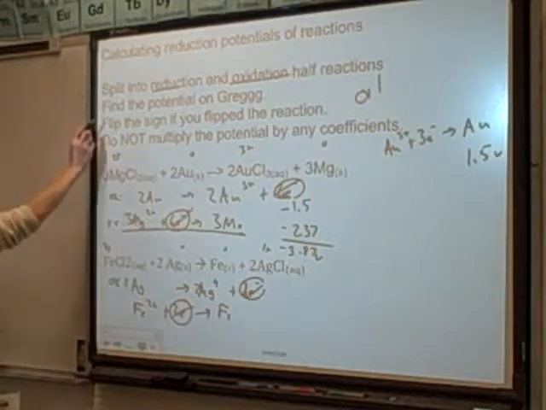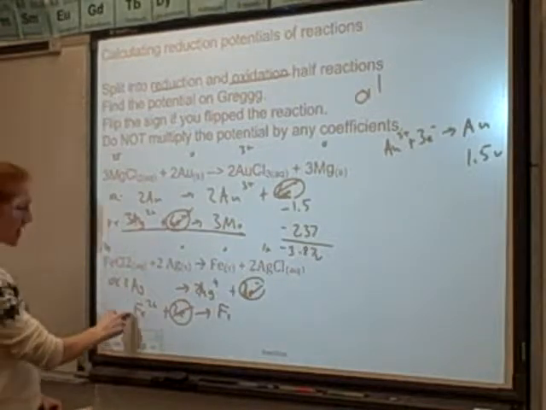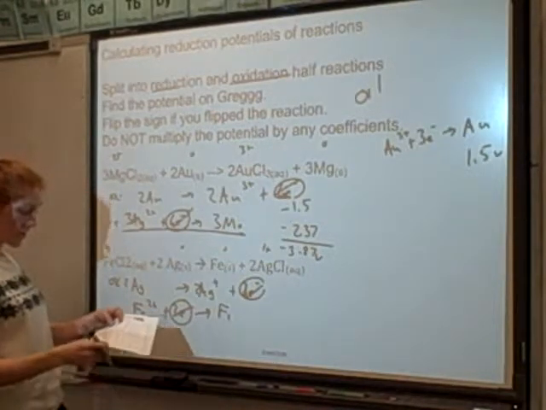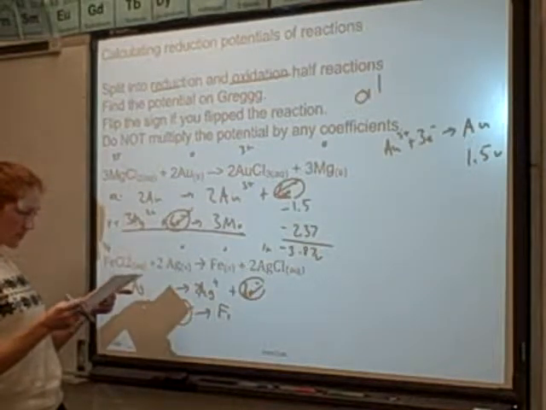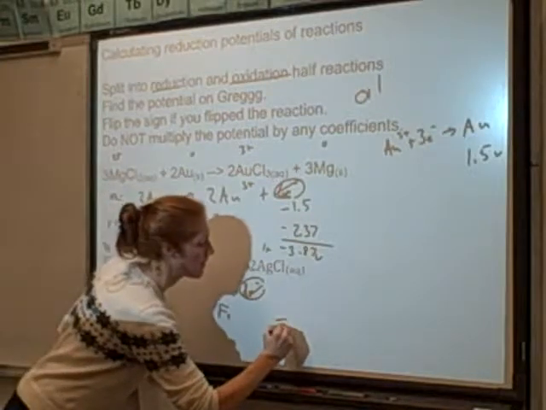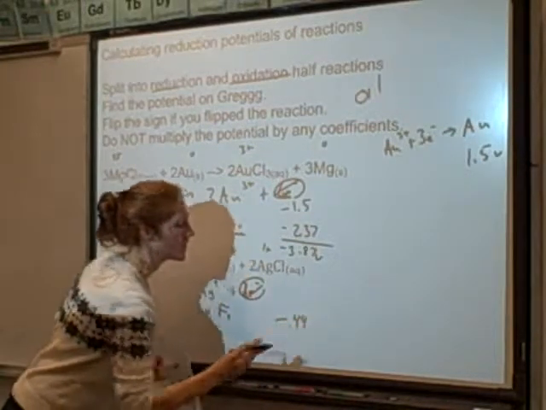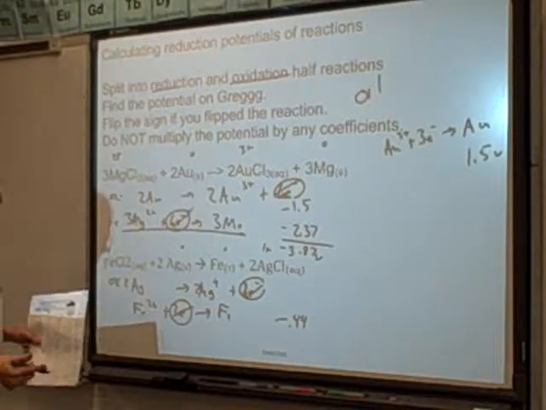So then I look on the Greg sheet to find the standard reduction potentials. Iron plus 2 electrons is just written as it is, and Fe2+, I have negative 0.44. So those electrons were more stable in the hydrogen than they were in the iron. Okay.